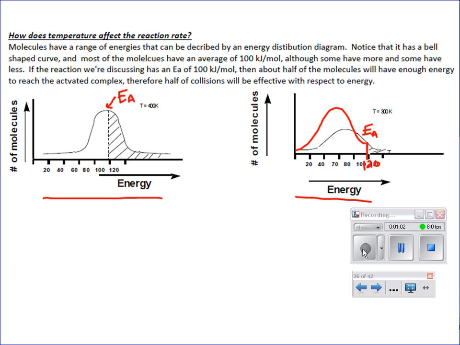But regardless, ultimately what happens, if you take a look at this diagram on the left, at 300 Kelvin, this particular system still has an activation energy at 120, but only the molecules in the shaded area have enough energy to actually react.